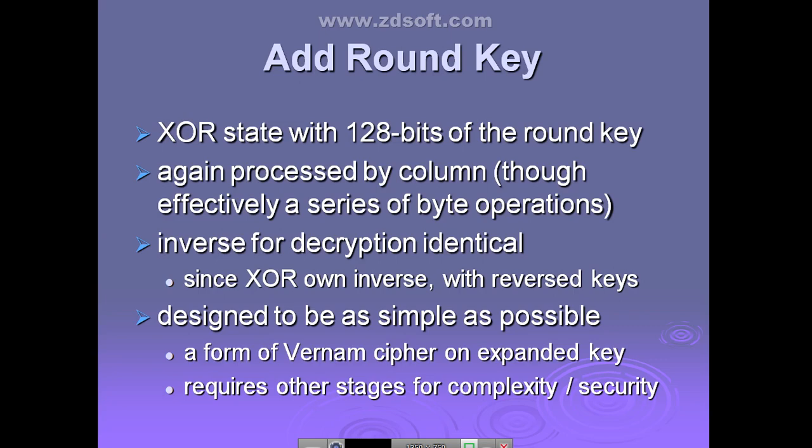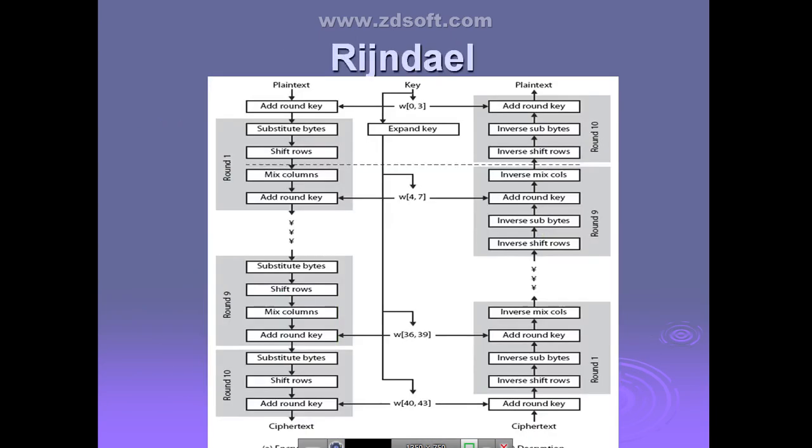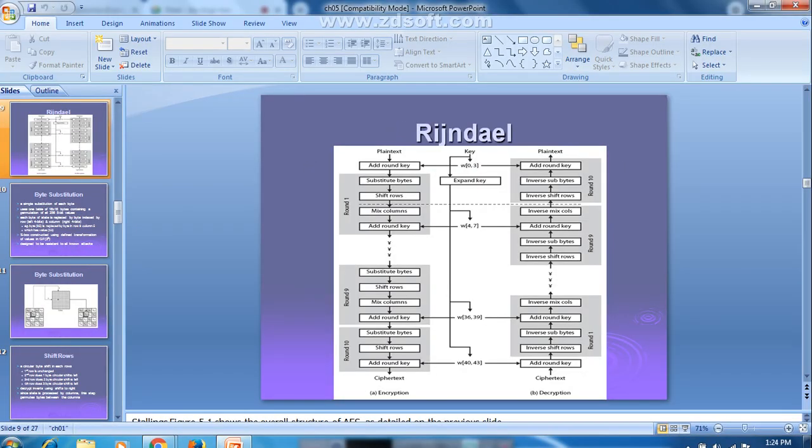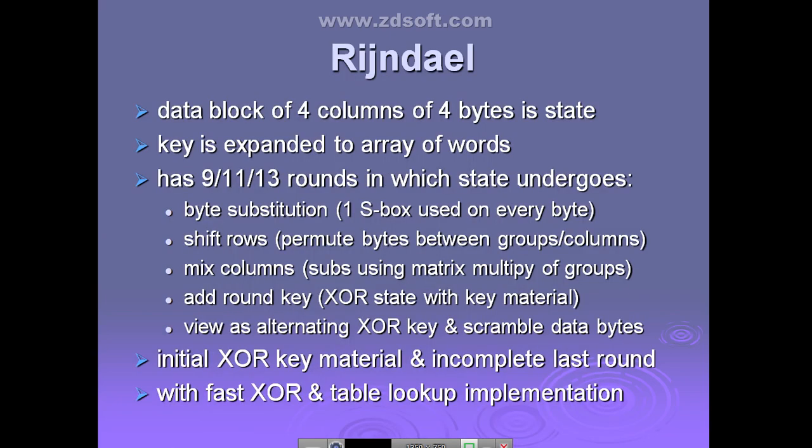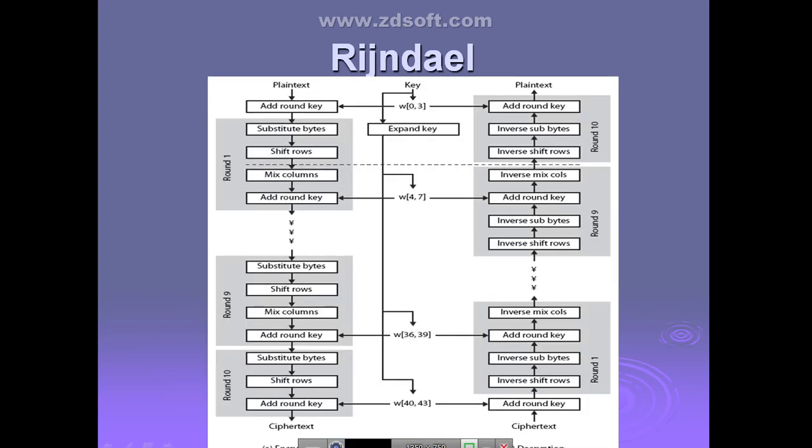Wait a sec. I will show you the diagram of the encryption and decryption. Can you see this diagram? Is the slide changed? Encryption and decryption, you can see here add round key. For this, you are passing one more input, that is the expanded key. See here, add round key is passed as one of the inputs. But with respect to these three operations, substitute bytes, shift rows and mix column, are you passing any other input? For these, you are not passing any key values.